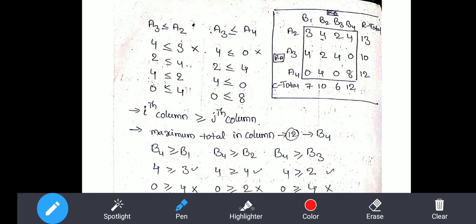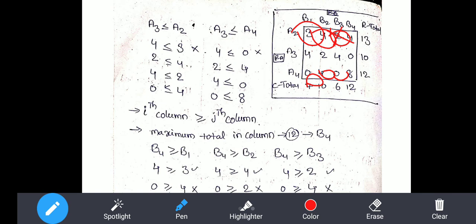The next least element will be 12. 12 means A4, and we check whether 0 is less than or equal to A2's 3. 4 is less than or equal to 4. 0 is less than or equal to 2. 8 is less than or equal to 4, which is not possible.